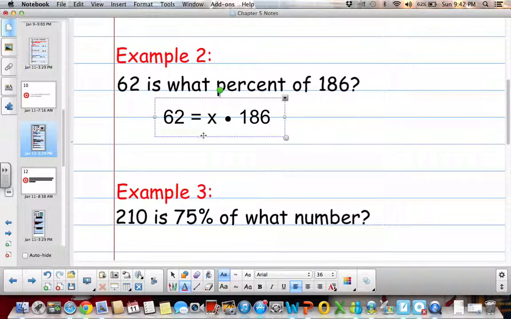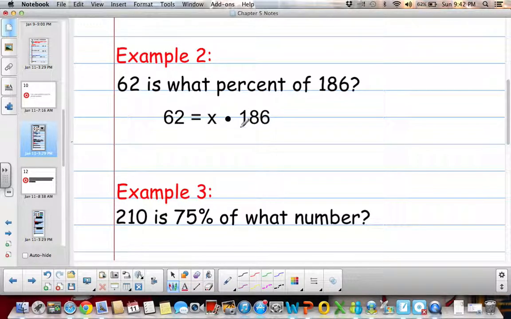If we think way back to solving equations, we know that 186 times x, we would need to divide both sides by 186.